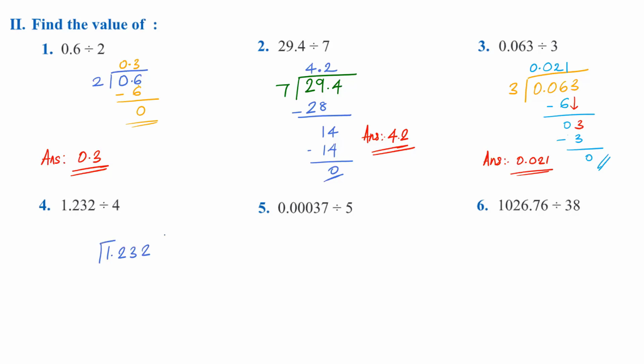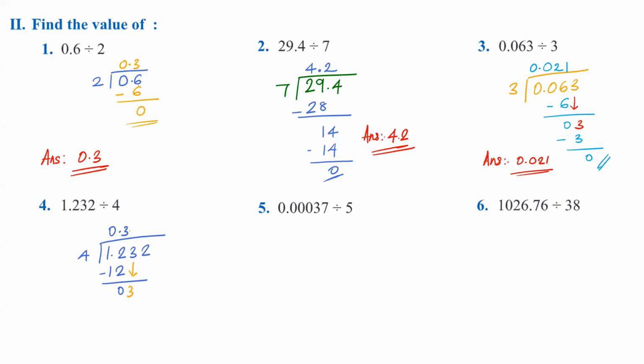1.232 divided by 4. Now 1 is not divisible, so I can directly put the point here. Then it is 12. Is 12 divisible? Yes, by how much? It is 3. So the difference will be 0. Now carry down that 3. Is 3 divisible by 4?